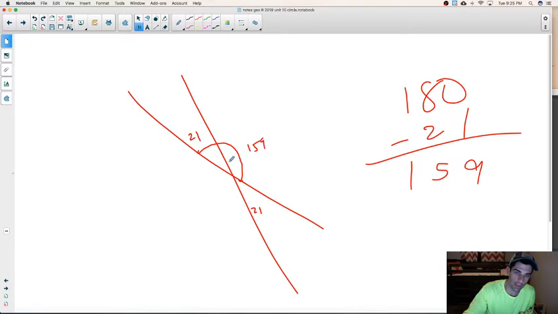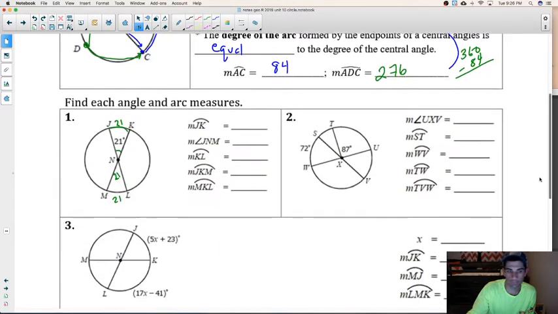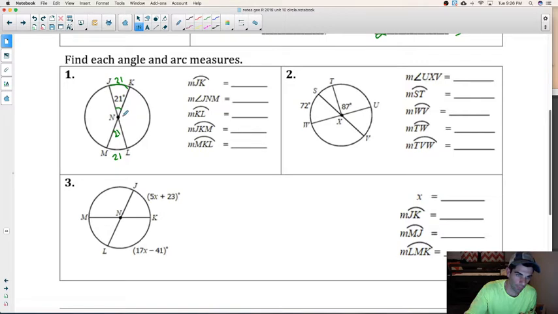So this angle here is 159, which means this angle here is 159. Going back to my picture, that means this arc is 159, and this arc is 159. That completes our circle.